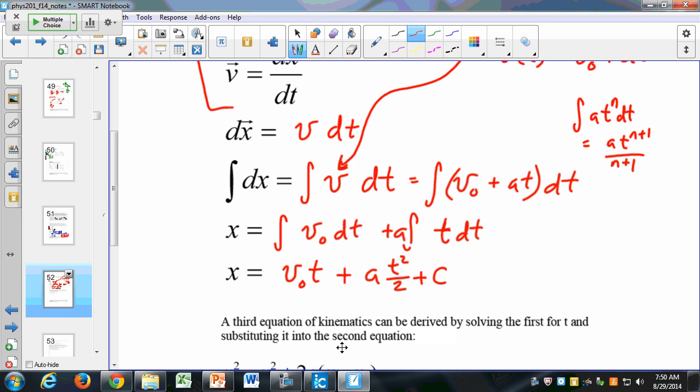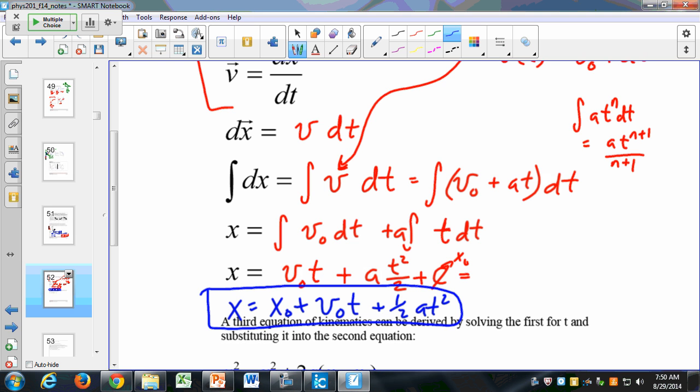So our integration constant is just going to be x naught. And so the way we'll write this usually is x equals x naught plus v naught t plus 1/2 at squared. Right, so that's our second equation of kinematics.